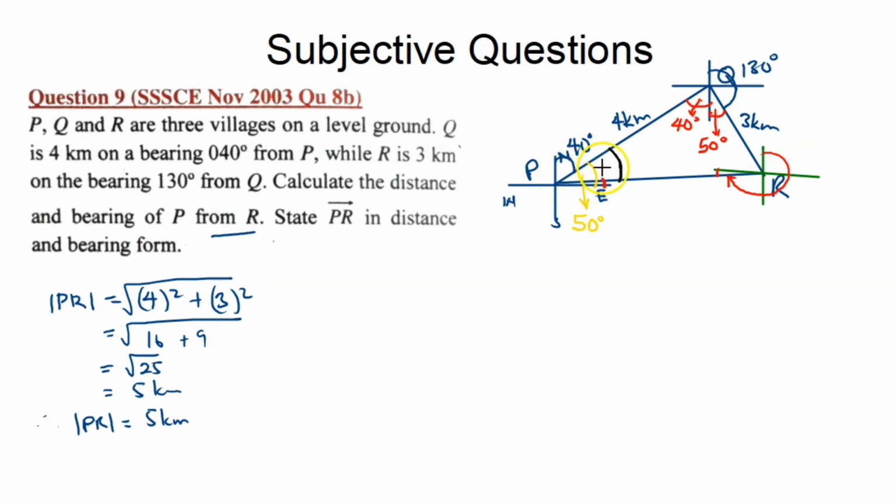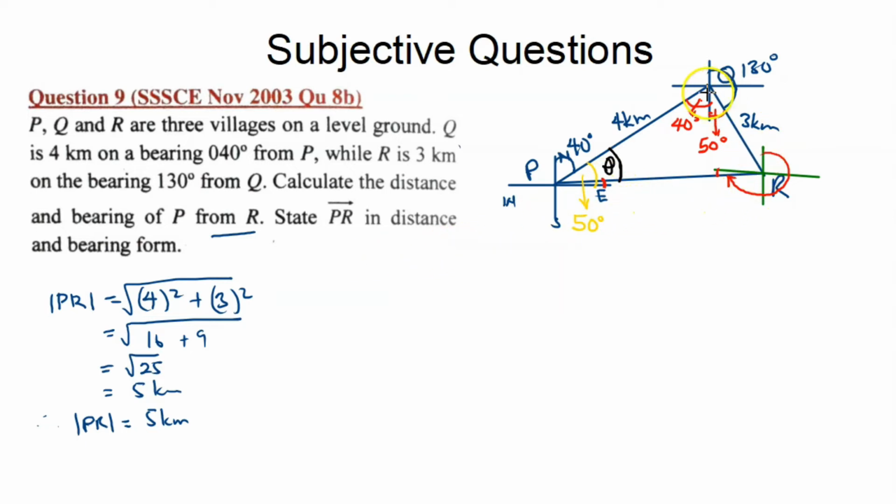I believe we can give it an angle letter, so that can be theta. So let's try and find theta. When we get the value of theta, then we can subtract that value of theta from the total angle 50 degrees, and then that will give us a smaller angle that we are interested in.